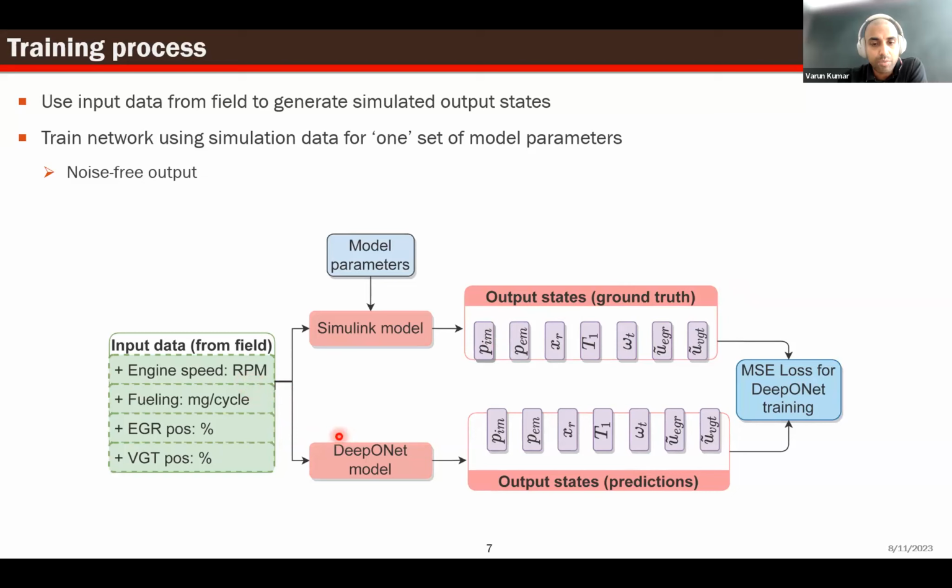Then we use the same input in a DeepNet model to generate the predictions, and we use the ground truth and the predictions to train our DeepNet model. An important thing to note is that the output from the Simulink model is noise free, so we don't have any noise in the output when we're using simulated data.